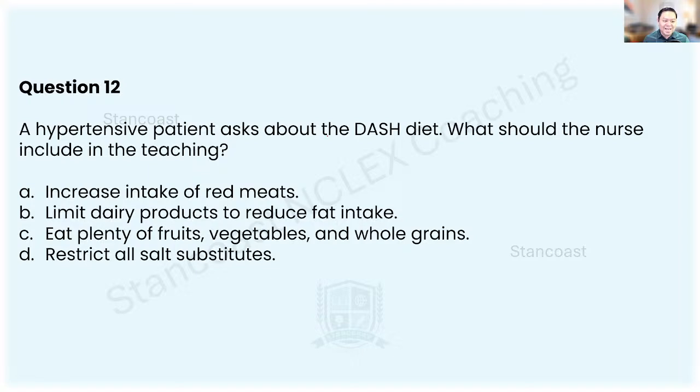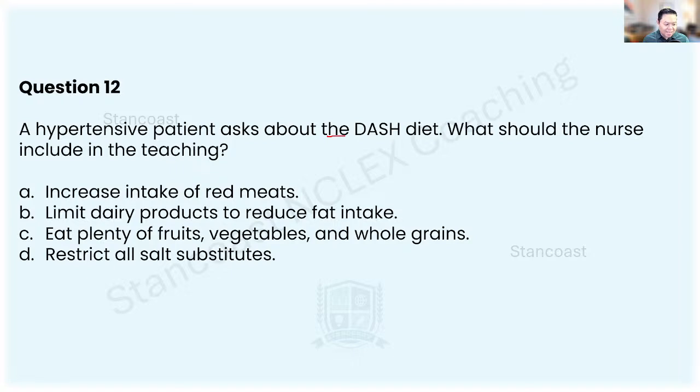DASH diet. I'm seeing letter D's. Okay. I don't know what the DASH diet is.